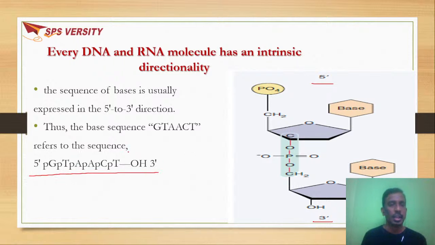The 5' end we write at one end, and the 3' end is where the OH group of the sugar molecule is free. That's why we write the 3' OH group. Whereas the phosphate group at the fifth carbon is free at the other end. That's why we write it as 5'.